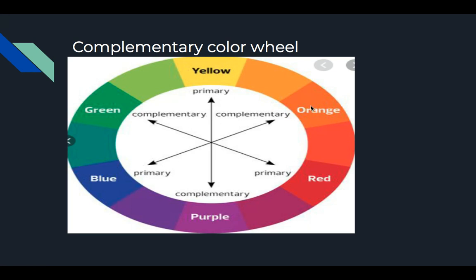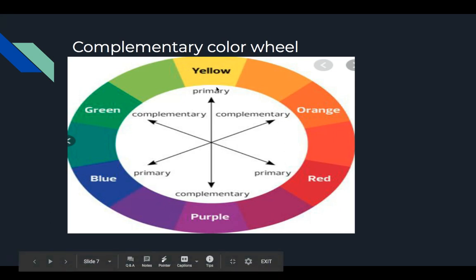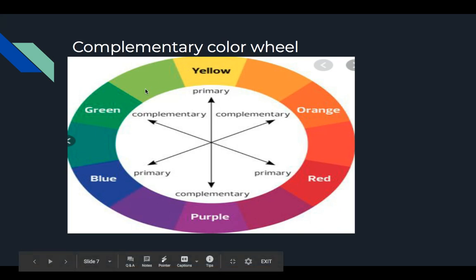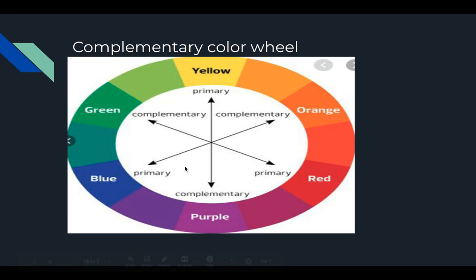And orange is directly across from blue, which makes those complementary as well. These are some of the basic complementary colors, but as you can see, we can take yellow-green, which is directly across from red-violet, and that's also a complementary pair. These are just examples of the basic complementary colors that you can always see and identify.